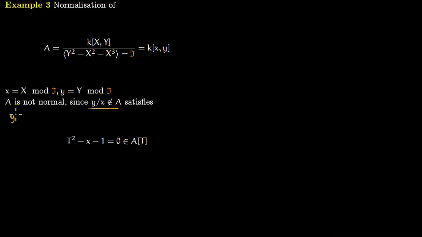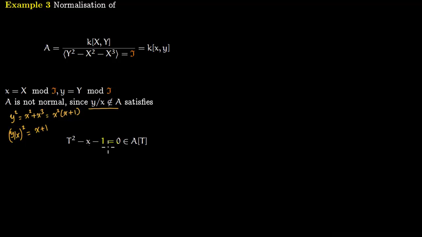You have y square is equal to x square plus x cube, which is equal to x square times (x plus 1), so I'm taking x square common from here and writing this factor first. So you have (y by x) square is equal to x plus 1.